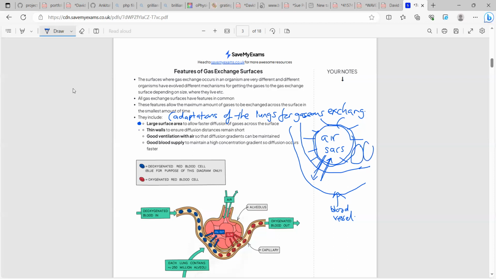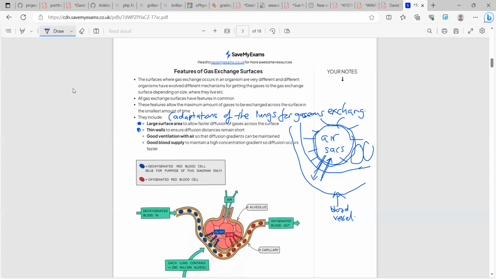The second point we have is we have thin walls. In the context of humans, we'll be using the air sacs. All our air sacs have very thin walls so that gases can easily move from the air sac to the blood and vice versa. So they have to be thin for easy movement or easy diffusion of gases, right?